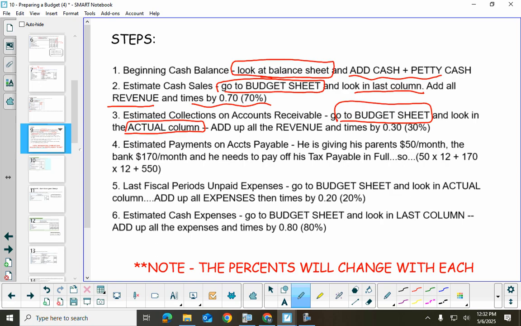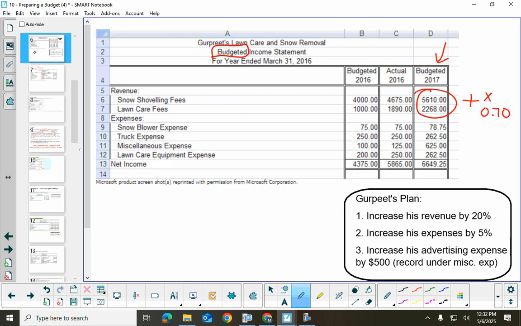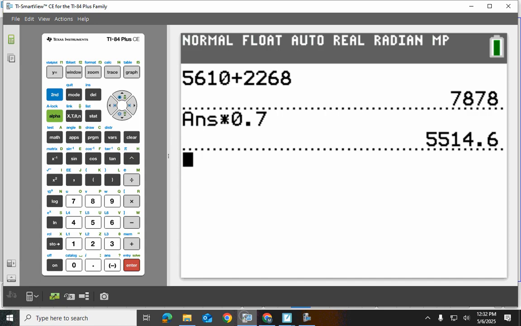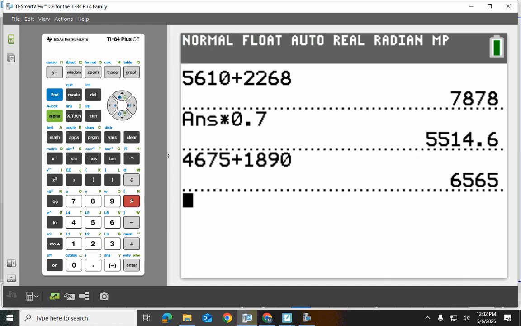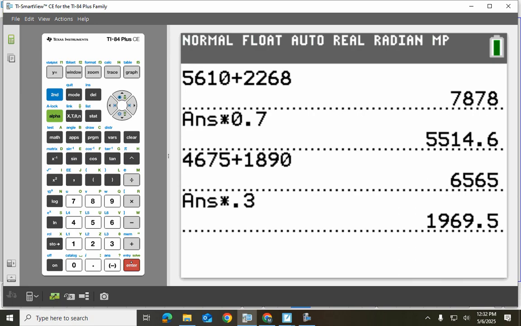Notice 70 and 30 add up to 100%. Okay, so 4675 and 1890 times it by 30%. So 1969.5.